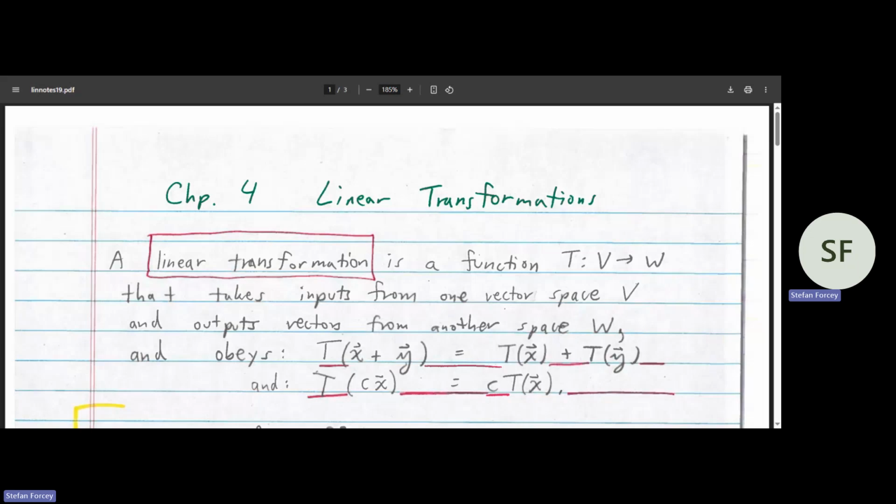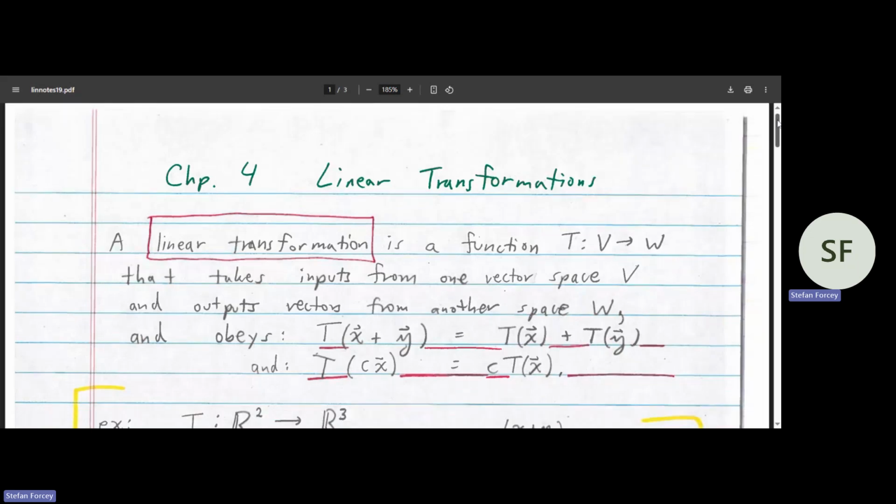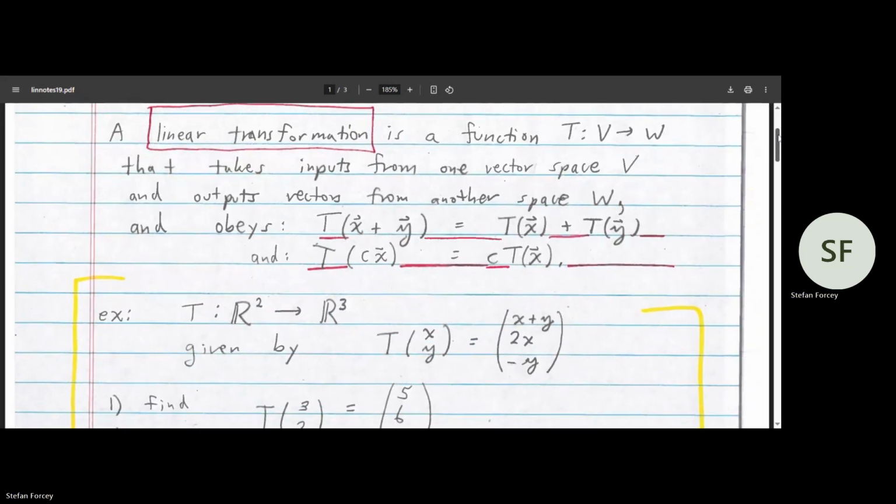Call that preserving addition. And the same is true for multiplication by a scalar. It doesn't matter whether you multiply by the scalar first and then apply the transformation, or apply the transformation and then multiply by the scalar. That's preserving scalar multiplication. And together it's preserving linear combinations.